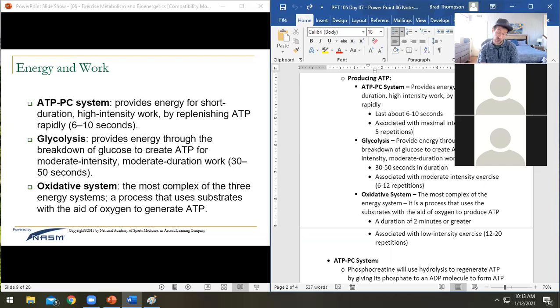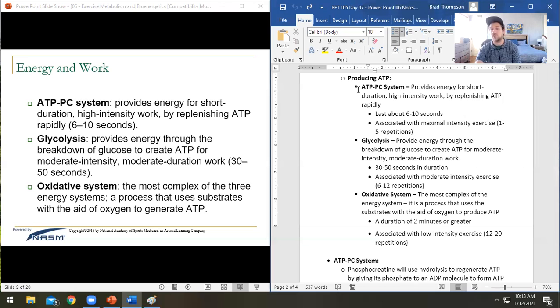I was only doing 3 repetitions, which means I was working at a really, really high intensity. My time under tension was hopefully under 10 seconds, because what I was trying to do is specifically target my ATP PC energy system.